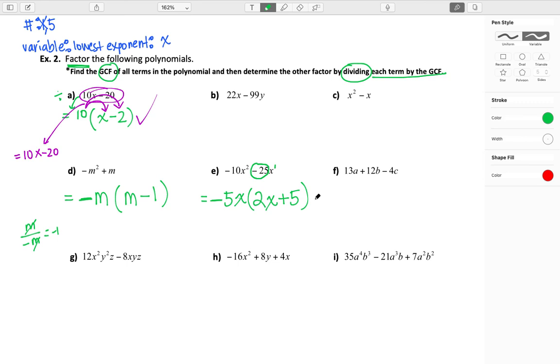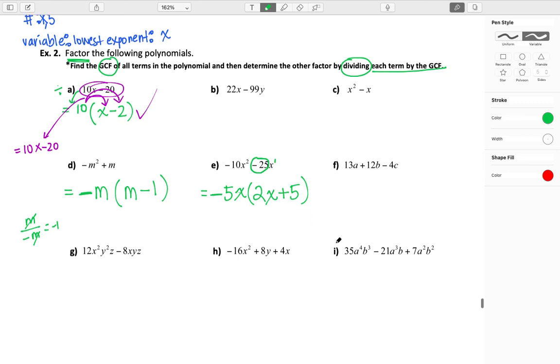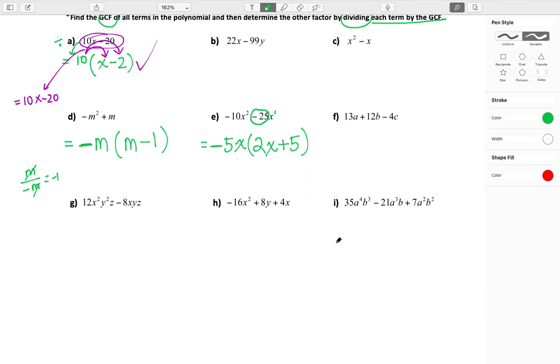Okay, now let's do one more. Letter I. It looks like we have 3 terms here: 1, 2, and 3. Let's find a common factor for the numbers first. What number goes into 35, negative 21, and 7?